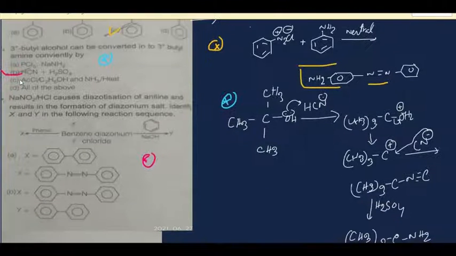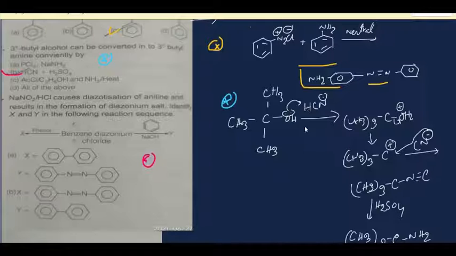Then this one: tertiary butyl alcohol can be converted into tertiary butyl amine conveniently by this reagent. This one is tertiary butyl alcohol reacting with HCN. Here the mechanism is that the lone pair on oxygen accepts a proton, H plus.